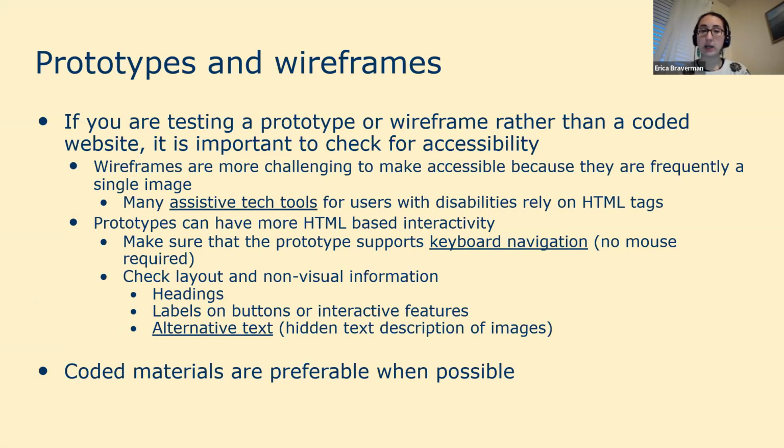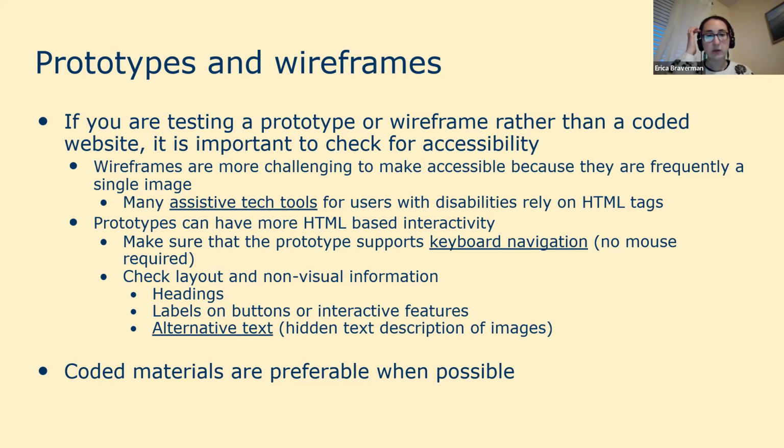If you're not testing a live product, but you're testing a prototype or a wireframe, it's still important to think about, does it have barriers? Wireframes can actually be more challenging than prototypes because frequently they're basically a picture, not really interactive.